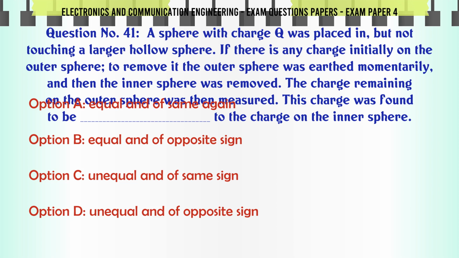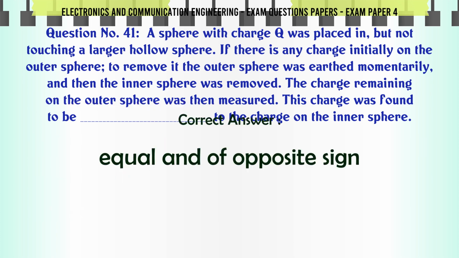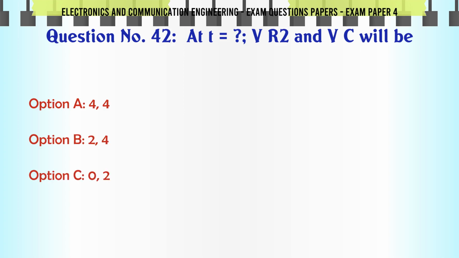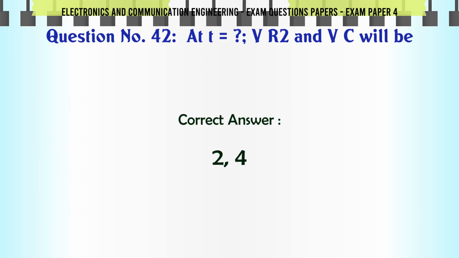B. Equal and of opposite sign. C. Unequal and of same sign. D. Unequal and of opposite sign. The correct answer is equal and of opposite sign. At t = ∞, VR2 and VC will be: A. 4, 4, B. 2, 4, C. 0, 2, D. 2, 0. The correct answer is 2, 4.